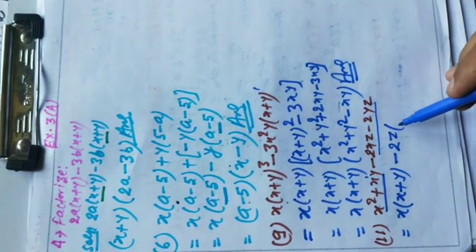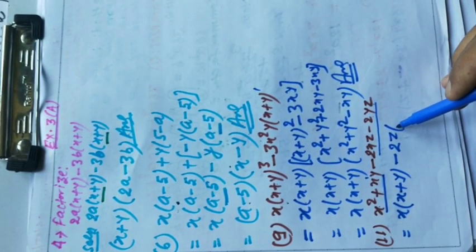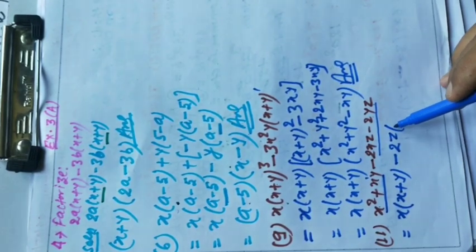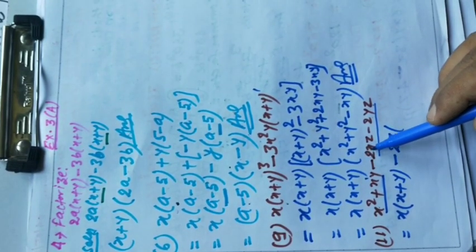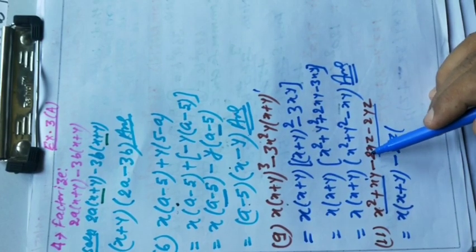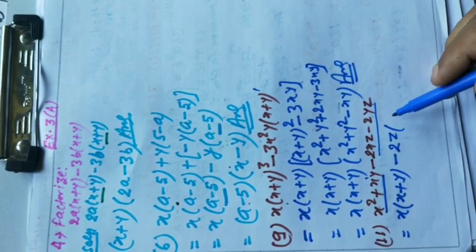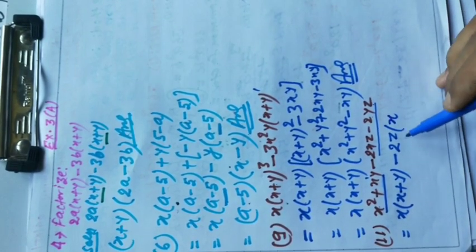Now put the bracket. After taking the common, you have to put the bracket. After putting the bracket, now you have to divide this term by the common factor. So when 2xz is divided by 2z, then what will be left? x. So write here x.